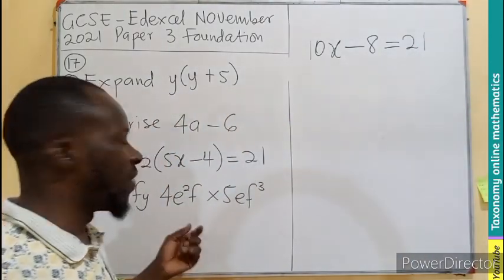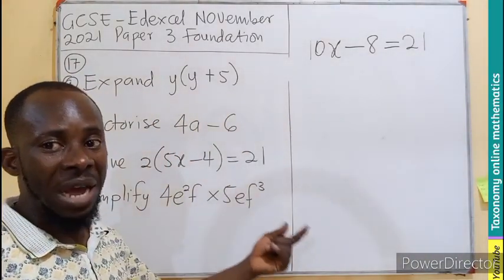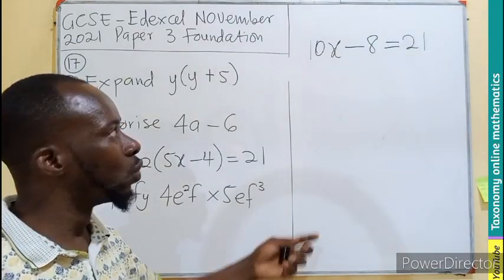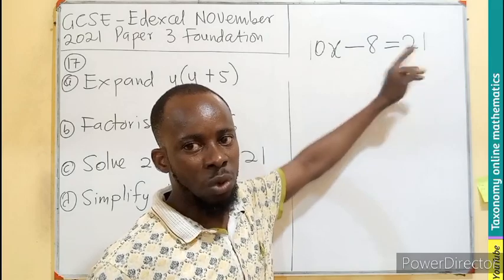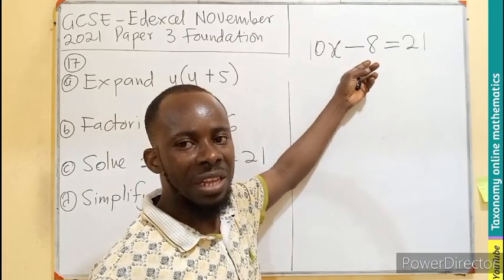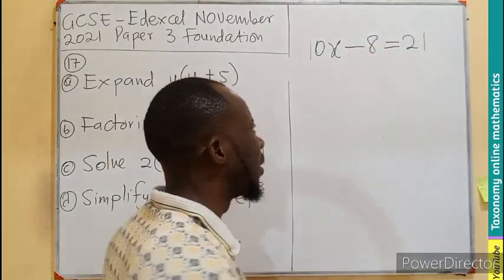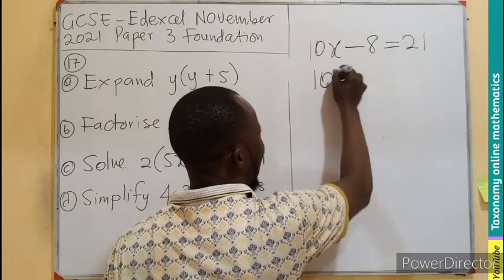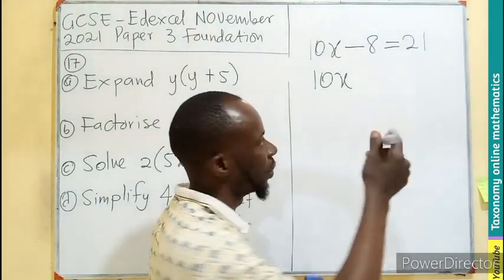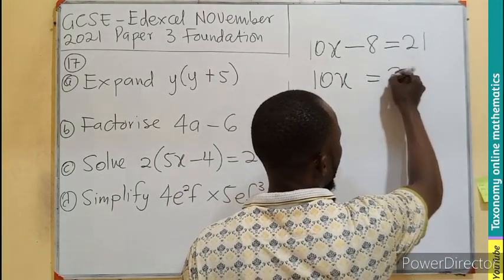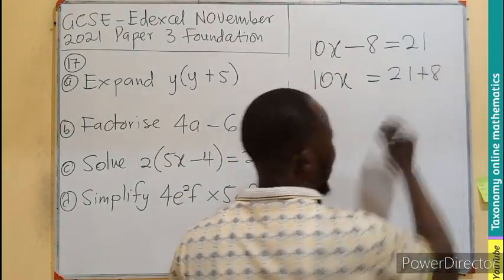We are looking for the value of x that will satisfy the equation. Therefore, we add 8 to both sides. We use the opposite sign of the constant. Then we add it to both sides. Meaning, I'll be having 10x minus 8 plus 8, that will be 0. So I'll have equals 21 plus 8.